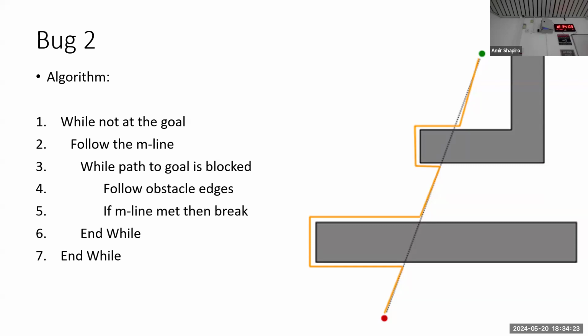Follow the M line, and then go back. And you see that at every hit point and leave point, we are advancing along the line. This will be key in the proof of completeness.